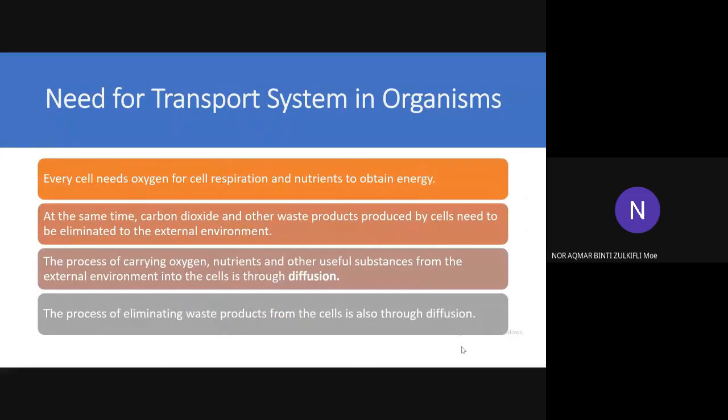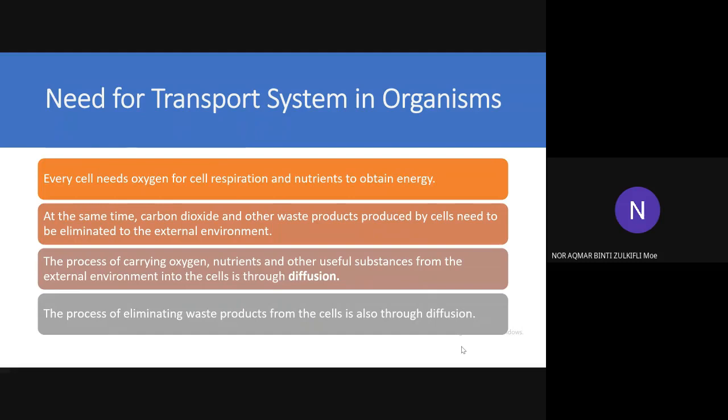Okay, why do all the organisms need a transport system? Every cell needs oxygen for cell respiration and nutrients to obtain energy. At the same time, carbon dioxide and other waste products produced by cells need to be eliminated to the external environment.